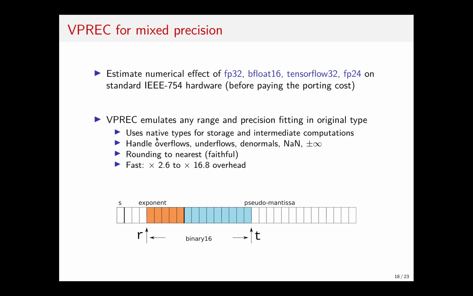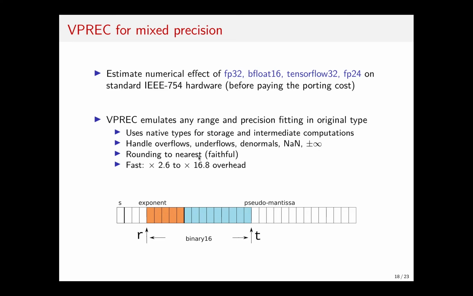So how does it work? The trick is that we are going to use the native types to store our computations. And at each computation, we're going to simulate a rounding at the desired target precision. The implementation is tricky because it needs to handle many particular cases like overflows, underflows, denormal values, and all the special cases like not a number and infinite values.